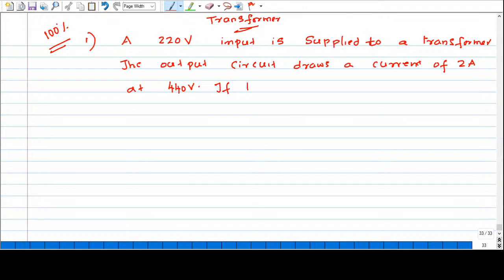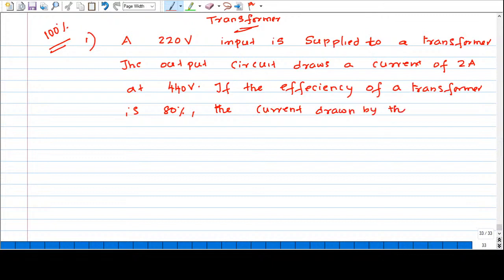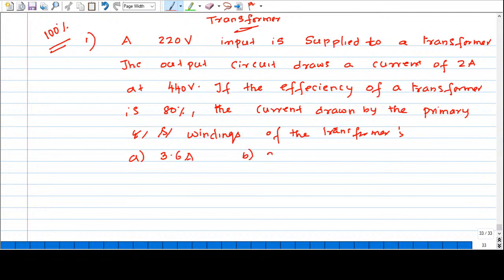If the efficiency of the transformer is 80%, the current drawn by the primary windings of the transformer is: option A, 3.6 ampere; option B, 2.8 ampere; option C, 2.5 ampere; option D, 5 ampere. Very important question.